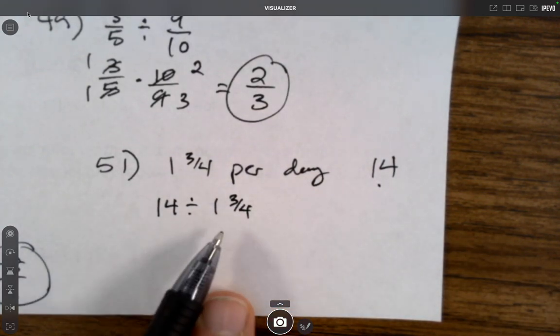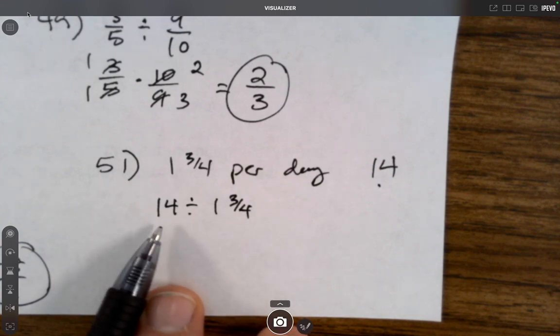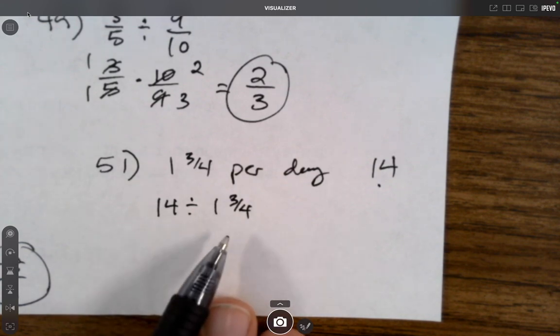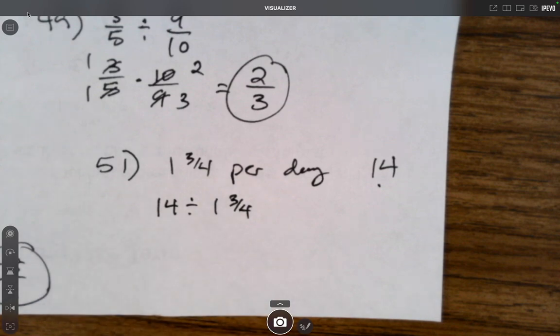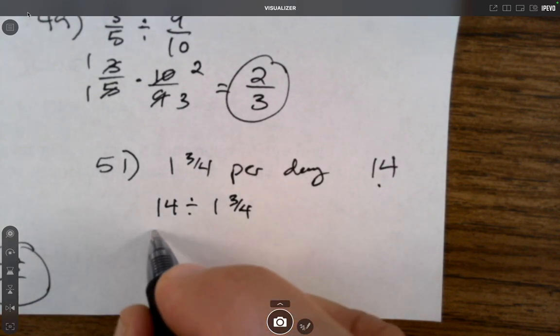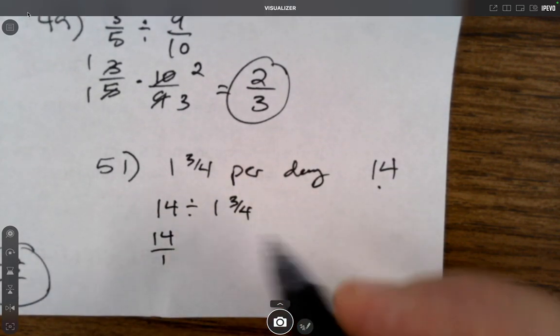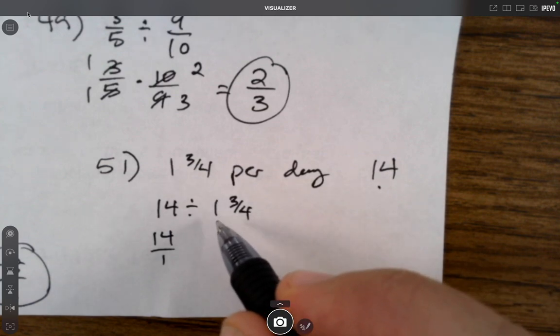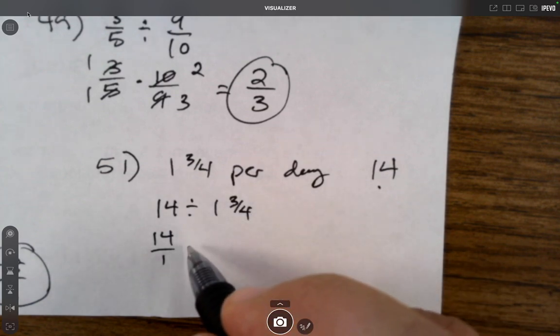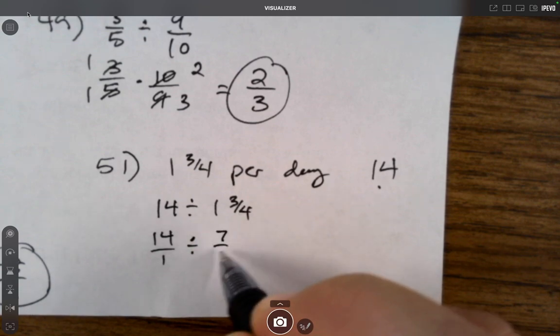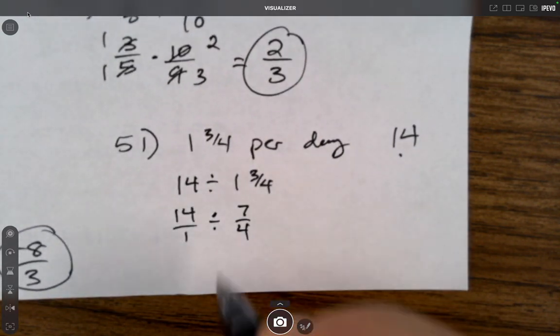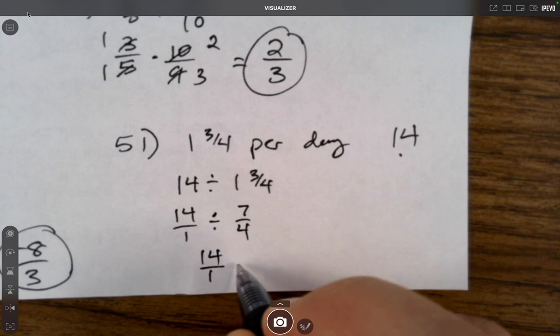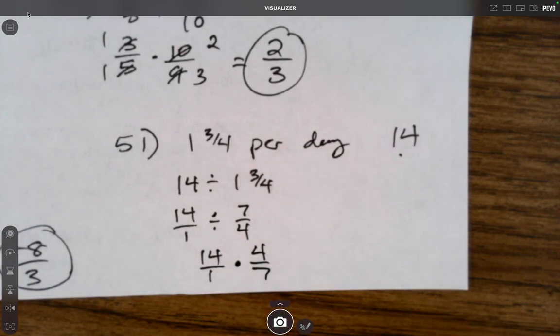Since she does that many per day, if we divide 14 by that number, that tells us how many days it takes to get up to 14. So I'll change 14 to 14 over 1. I'll convert this to an improper fraction. 1 times 4 is 4, plus 3 is 7. Then, to divide by a fraction, you have to multiply by its reciprocal.